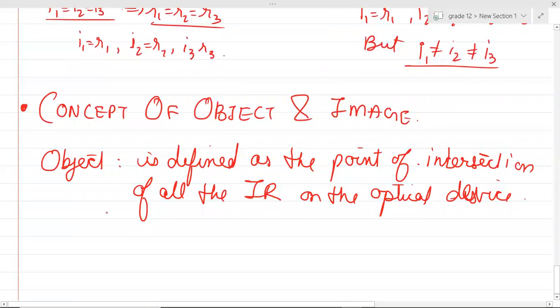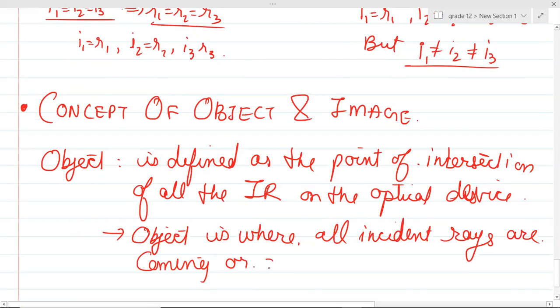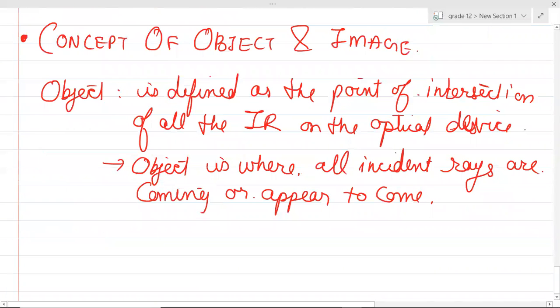Or basically you can say this particular thing: object is the point from which all incident rays are coming, or appear to come. Now these incident rays can be of three different types.